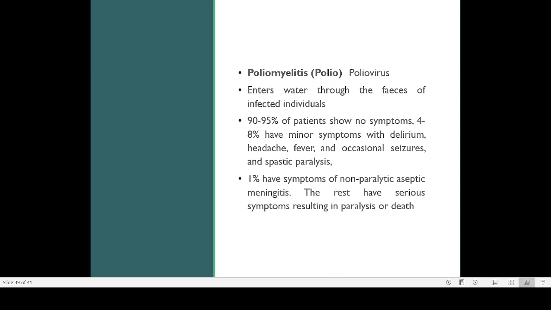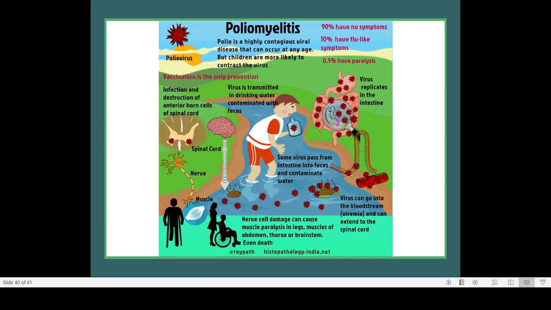Right now we have vaccination against polio, and because of the vaccine, almost all the people are well protected. You know the polio drops that are given. Till recently it was a common practice in India. Now I think polio is completely eradicated from India. Here you can see 90% have no symptoms.